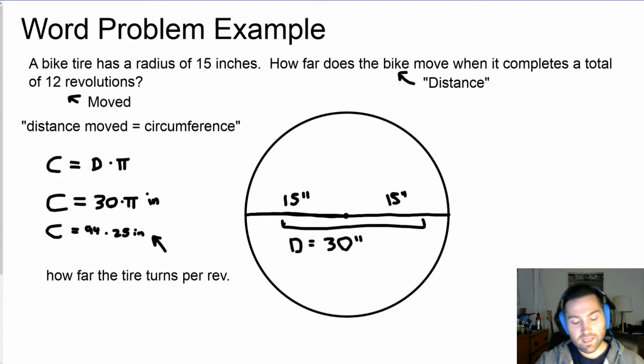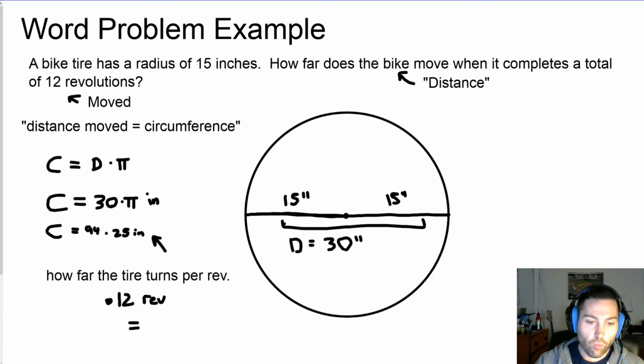So if that's the case, I need to multiply by 12 because I'm going to do 12 revolutions. So I'm going to take 94.25 and multiply it by 12. And I get 1,131 inches as my final answer.